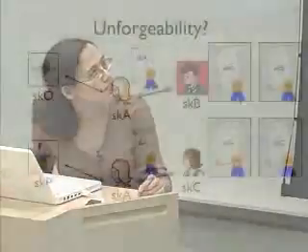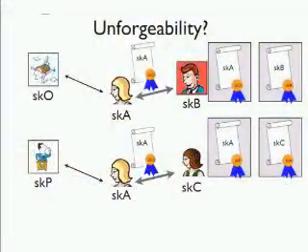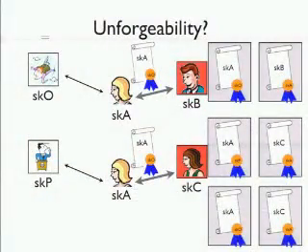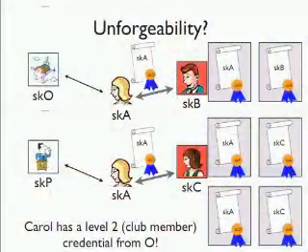And the problem is, if Bob and Carol are both malicious, they can put these two sets of proofs together to get a signature under SKO on SKA and a signature under SKA on SKC, or proofs of those two things. And if you'll notice, that's actually a proof of a level 2 credential from organization O for Carol. And Alice only delegated her credential from organization O to Bob, so Carol shouldn't be able to prove such a credential.